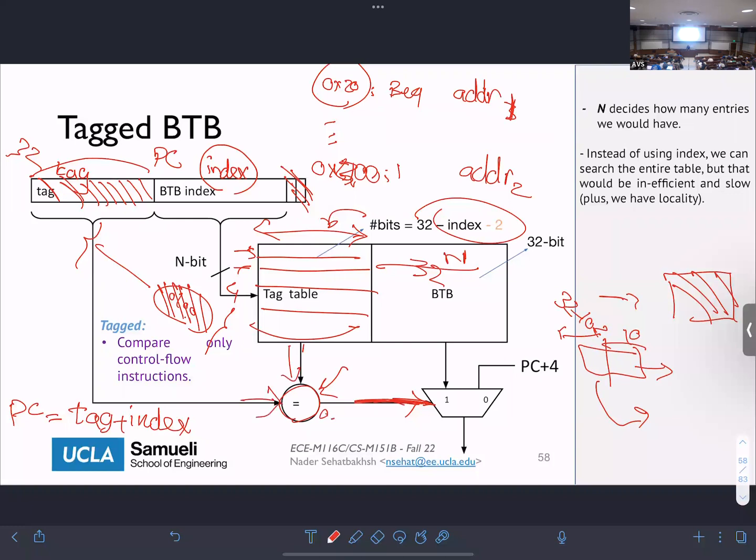This comparison would be either 0 or 1. If it's 0, it means that I don't care about what address I'm storing here, because this is either not a branch or it's not a taken branch. So I'm going to ignore this. I'm going to pass this PC plus 4 to my next PC. If this is 1, then it is guaranteed that this is indeed a branch taken. So I'm going to use this address. I'm going to do next PC equal to that address, whatever that is.